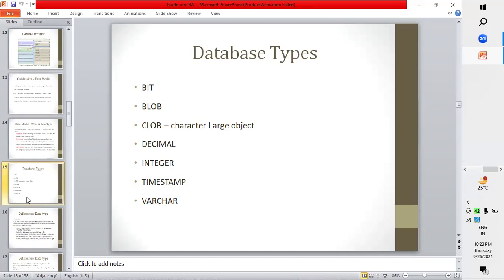Third one, clob. This is used majorly to identify the character large object that is required when we are updating the database.